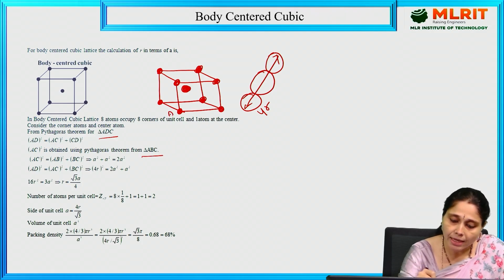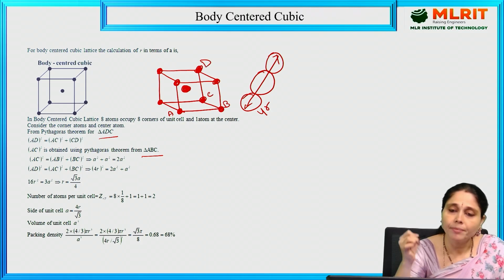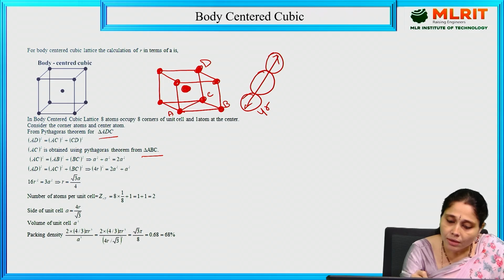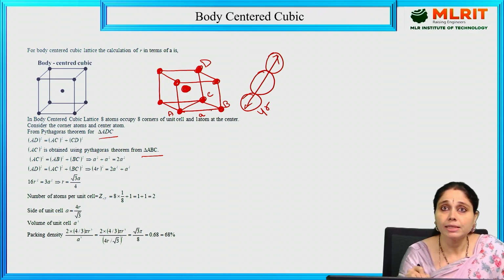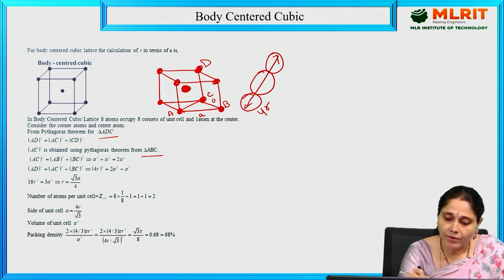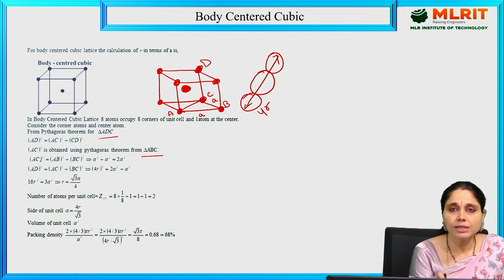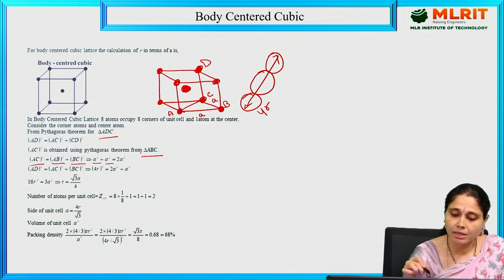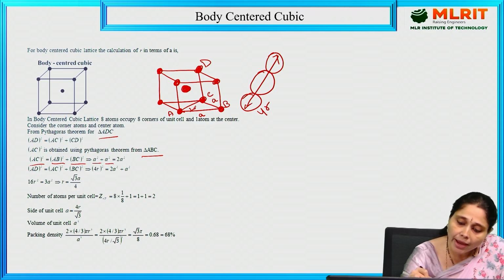Let us consider this as A, B, C and D. First of all, AB is having unit length A, BC is having unit length A. Now let us have the AC square. AC square is equal to AB square plus BC square, that is equal to A square plus A square, that is equal to 2A square.